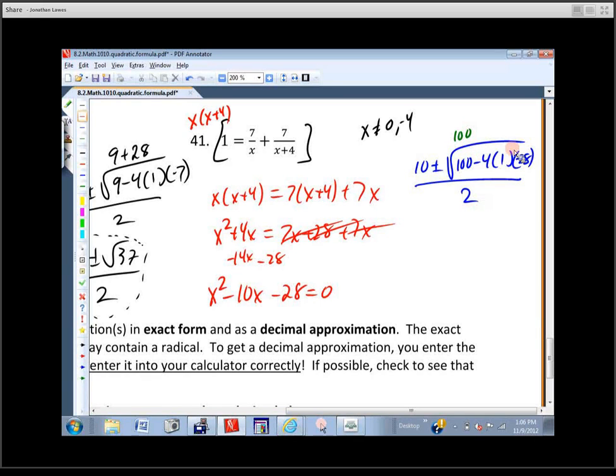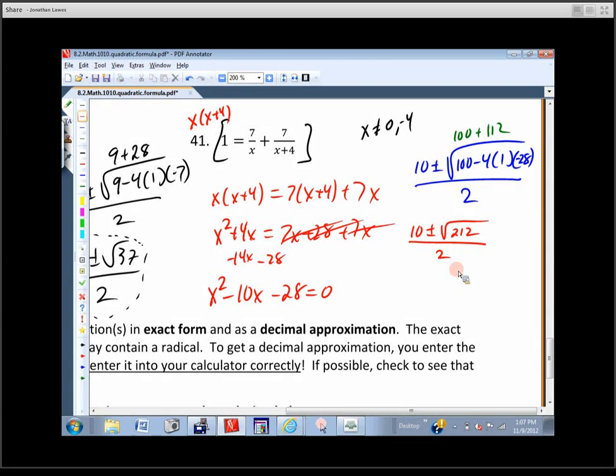This is going to be 100 plus 112. Is that right? 4 times 28, 112. Negative times a negative is positive there. So this is going to be 10 plus or minus radical 212 all over 2.